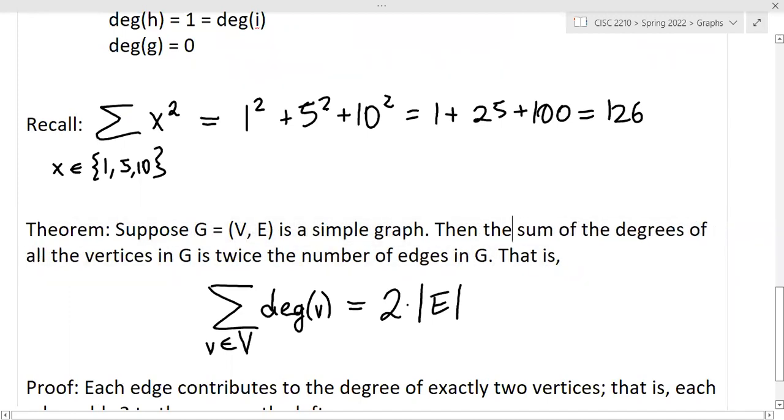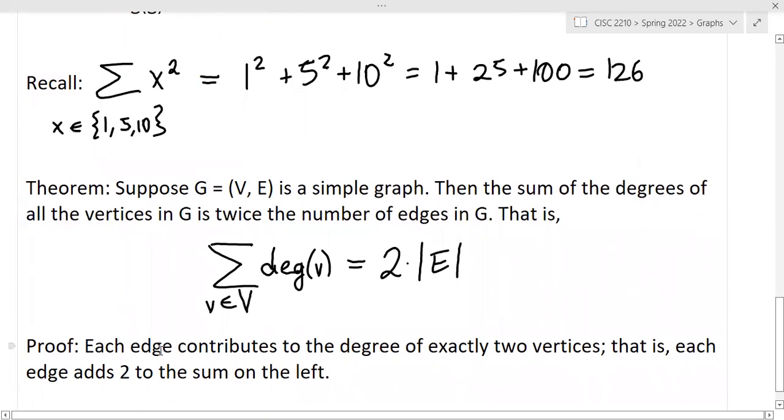Then the sum of the degrees of all the vertices in G is twice the number of edges in G. In other words, the sum of the degrees of little v, where little v ranges over all the elements of big V, is equal to 2 times the number of edges. Big V is the set of all vertices, and little v is one vertex. And what's the reasoning?